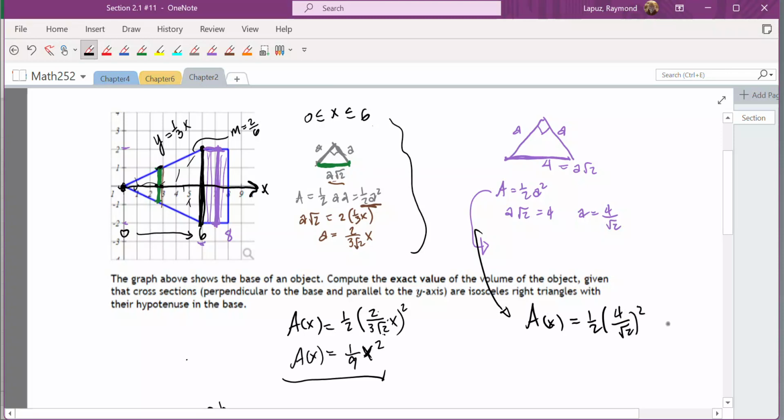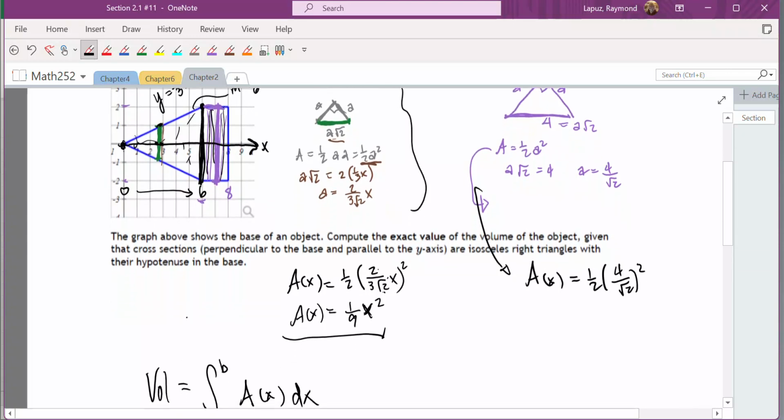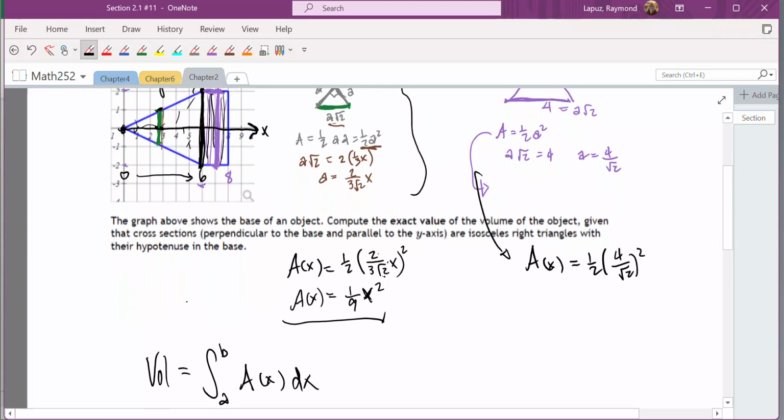And notice that there's no more x's, and that makes sense because your area is not going to change as you move along the x-axis. So here it's just a constant. All right, if we simplify this, we're going to get 2 squared. This is going to be 16 divided by 2 times 2, and so that's just going to be 4.